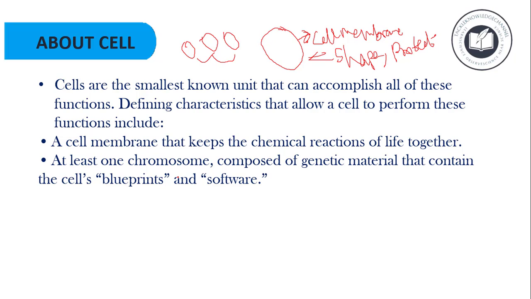At least one chromosome composed of genetic material that contains the cell's blueprints or software. So there is at least one chromosome in the cell, composed of genetic material. Genetic material means DNA, which works as a blueprint.